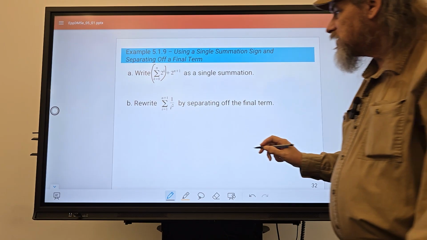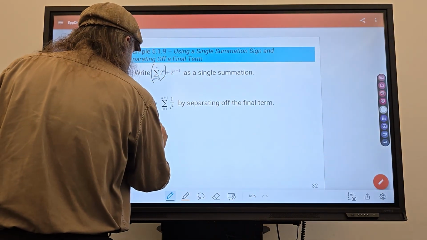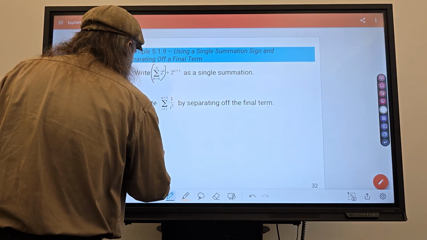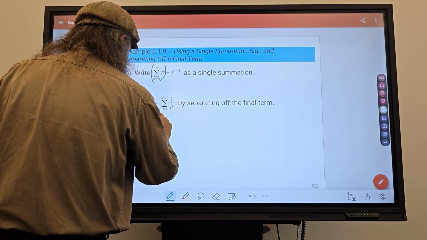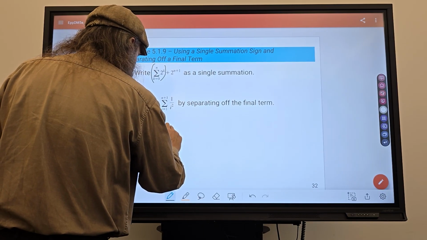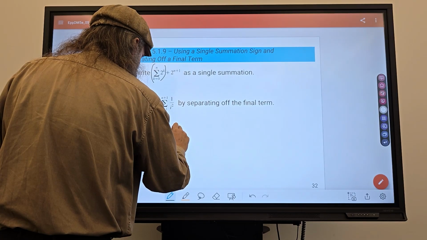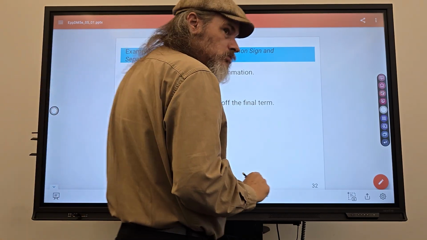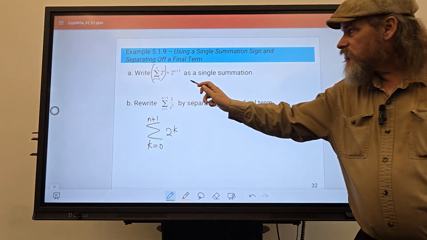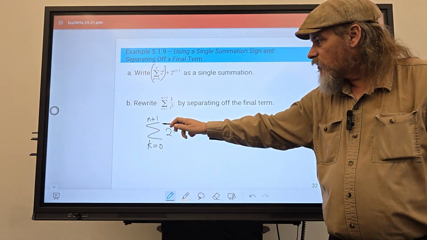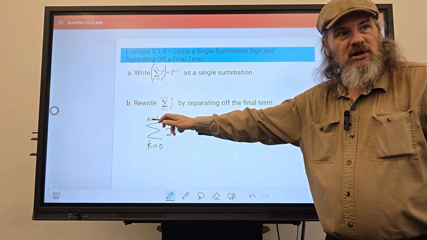It would be the summation of k equals 0 to n plus 1 of 2 to the k, because you're adding a 2 to the n plus 1 to it, so you raise your upper limit by 1.